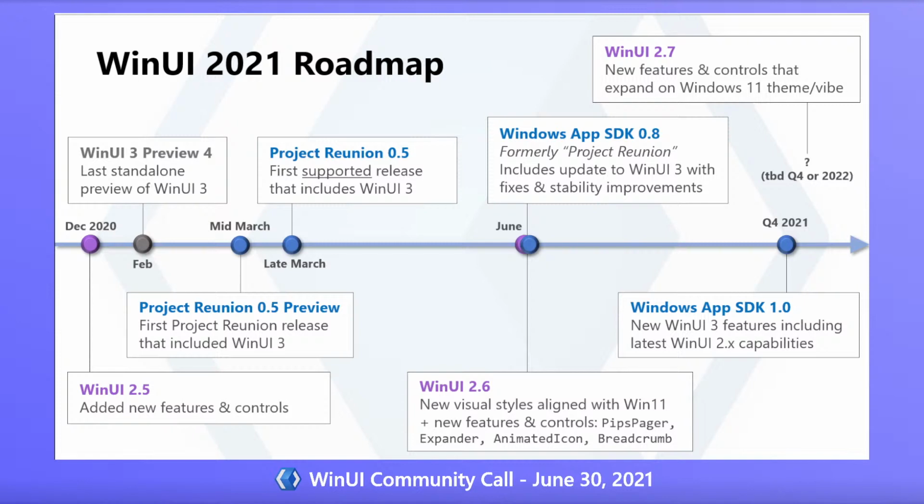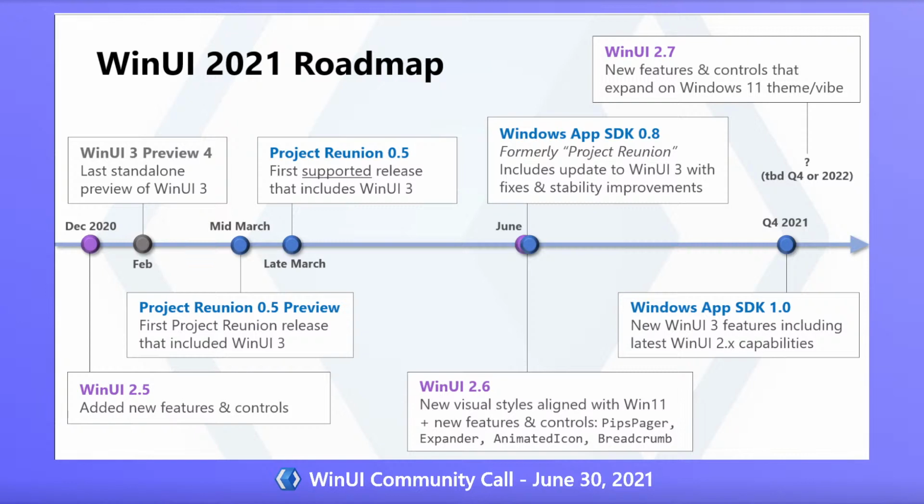And our intention is to have WinUI 3 have parity basically with whatever exists in WinUI 2. So we're going to be doing a WinUI 2.7, and we don't have the exact date and whether or not that's going to be released simultaneously with the 1.0 App SDK, or whether that'll be a thing that comes later, sometime in earlier 2022.